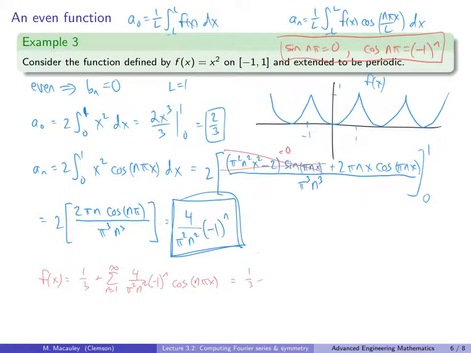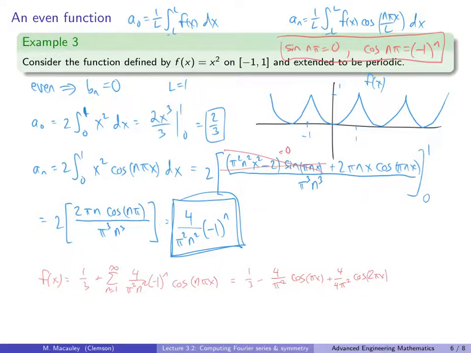So minus 4 over pi squared cosine of pi x plus 4 over pi squared 2 squared, so that's 4 pi squared cosine of 2 pi x.